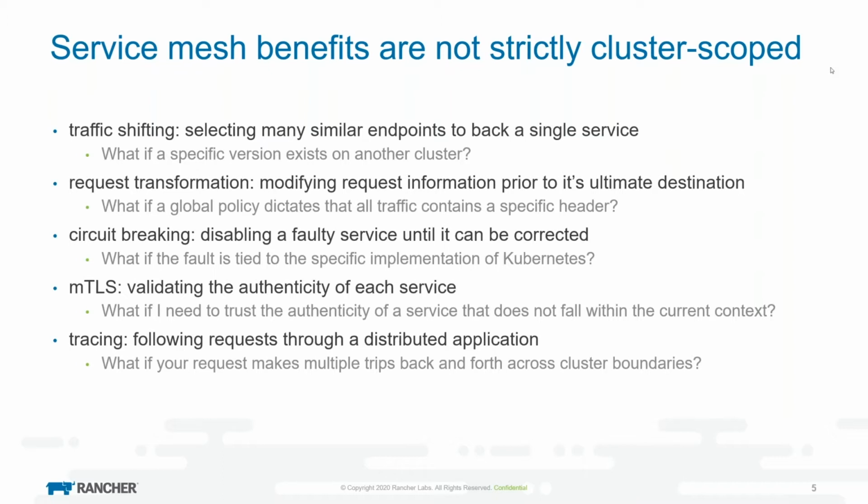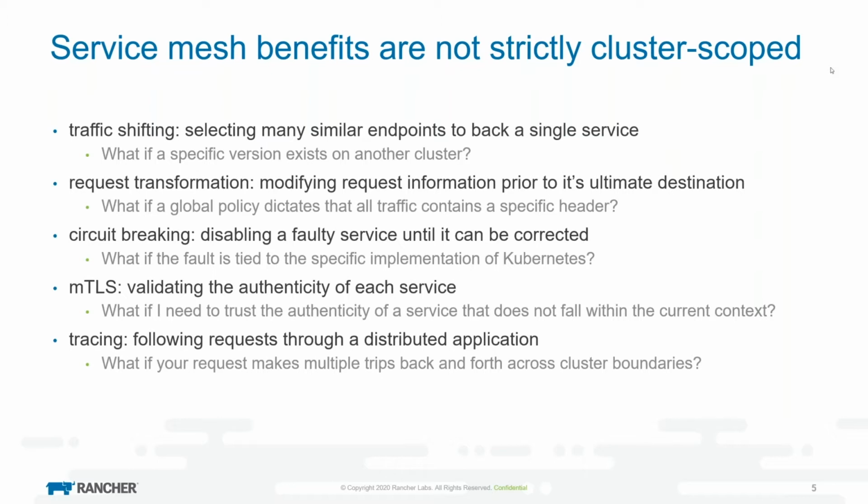So a couple of the leading questions that I often see, and that I've been receiving a lot of, sent me down this direction. What if I wanted to set up multiple versions of different apps on different clusters? What if global policy dictates that all traffic in a cluster or in my organization at large has a specific header format, has specific payload tags or something like that?